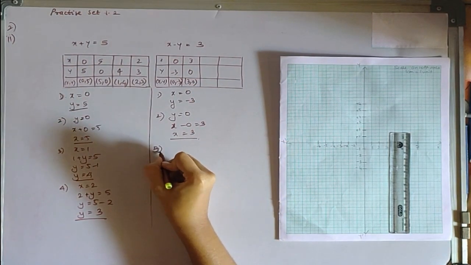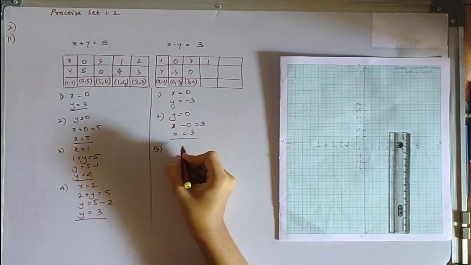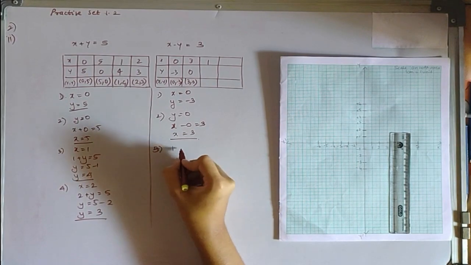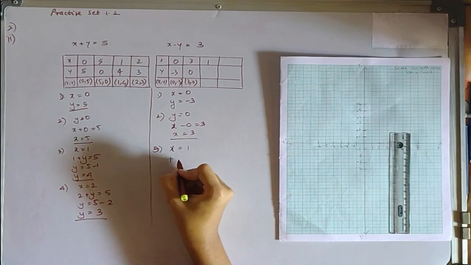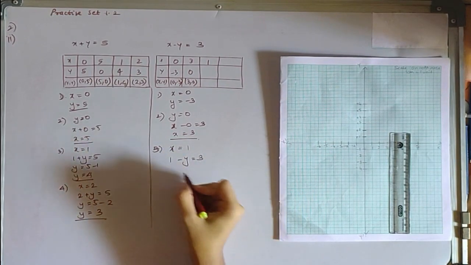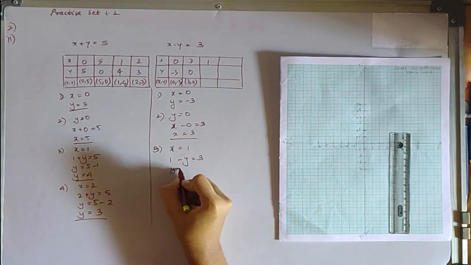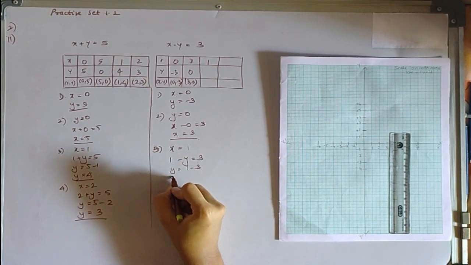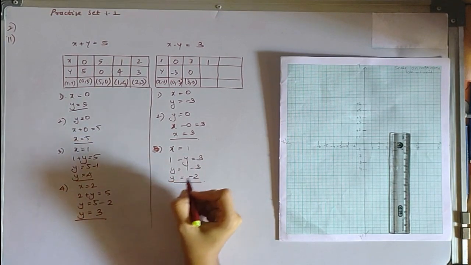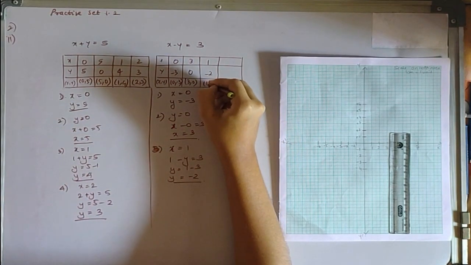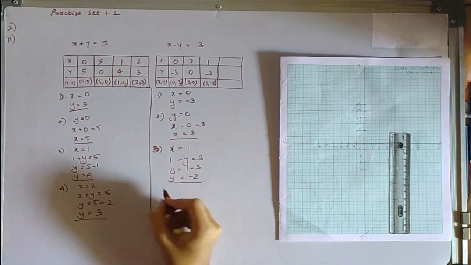Next, third one. I take x is equal to 1. So sorry, x is equal to 1 first. Then 1 minus y is equal to 3. So y is equal to 1 minus 3. So y is equal to minus 2. Fine. This was my third one. So 1, minus 2.